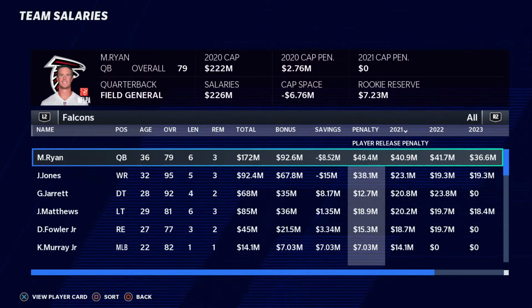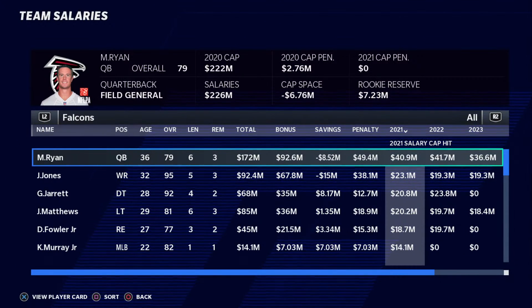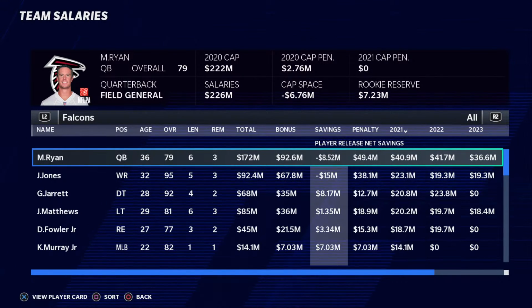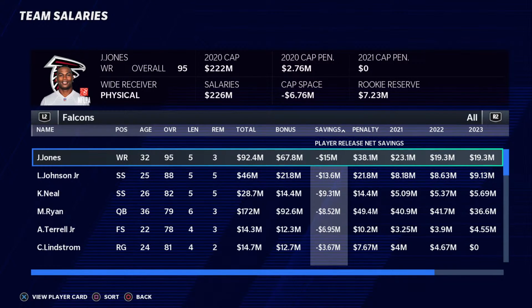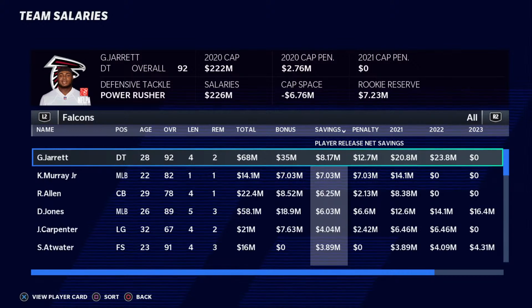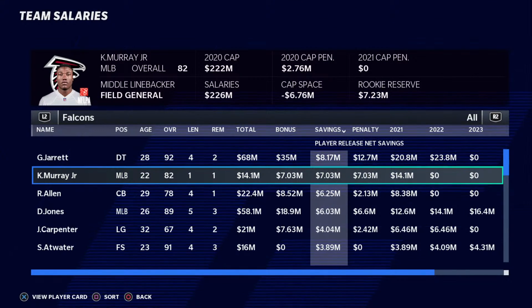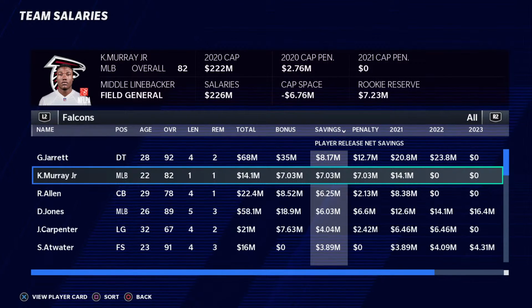So, okay, I can't cut him because he's going to kill my cap space. I'm trying to get cap space now. You're trying to get cap space now? This is what you do. You go in there, you hit savings. Okay, so Jerry, not cutting him. To cut Murray, he's young, a 22-year-old, 82 now, can't cut him.